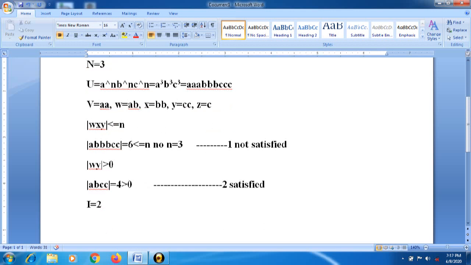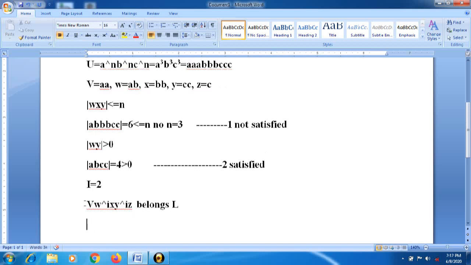In that case, u w raised to i, x, y raised to i and z belongs to L. Now we will replace our v, w, x, y, z with our given string, that is v is equal to aa, w raised to i, w is ab and ab raised to 2 is equal to abab.